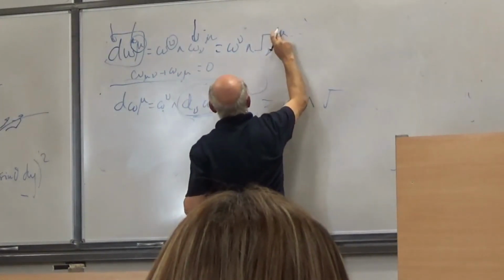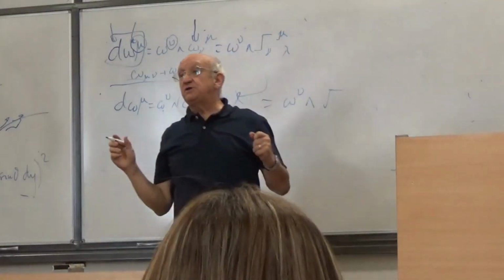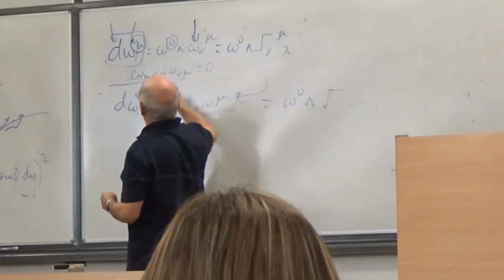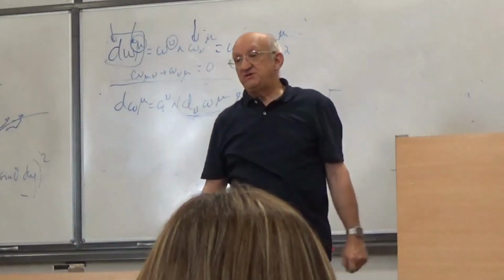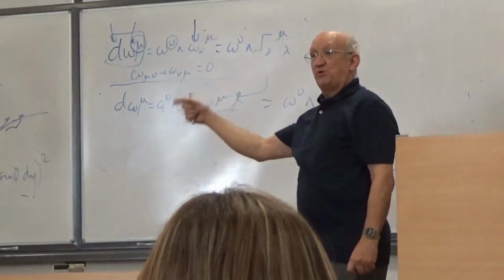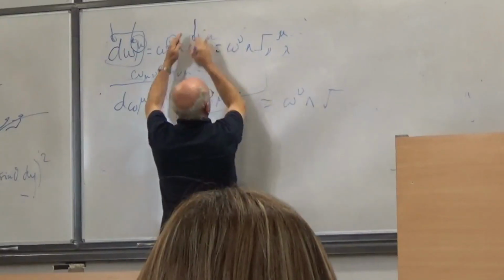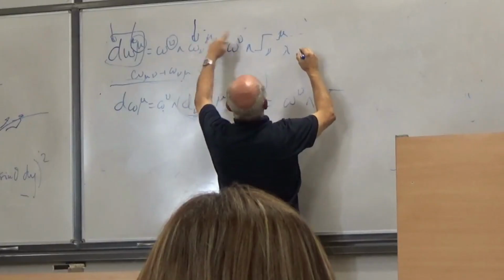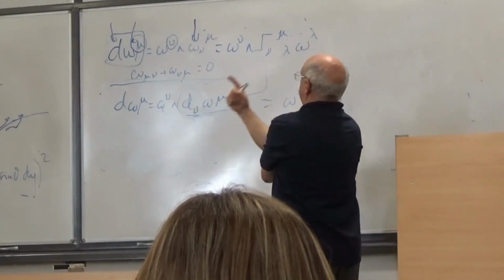We haven't computed the numbers, but I assume you who are studying a little bit of differential geometry know that the solution of this is the Levi-Civita forms, whose components are Christoffel symbols. This will be the Levi-Civita forms, gamma mu omega lambda. And now I'm going to redistribute this.